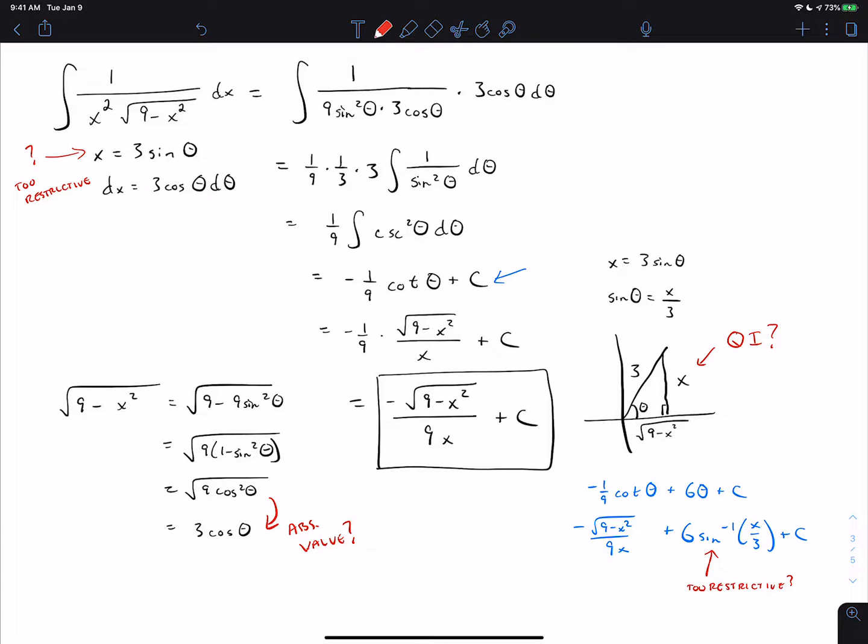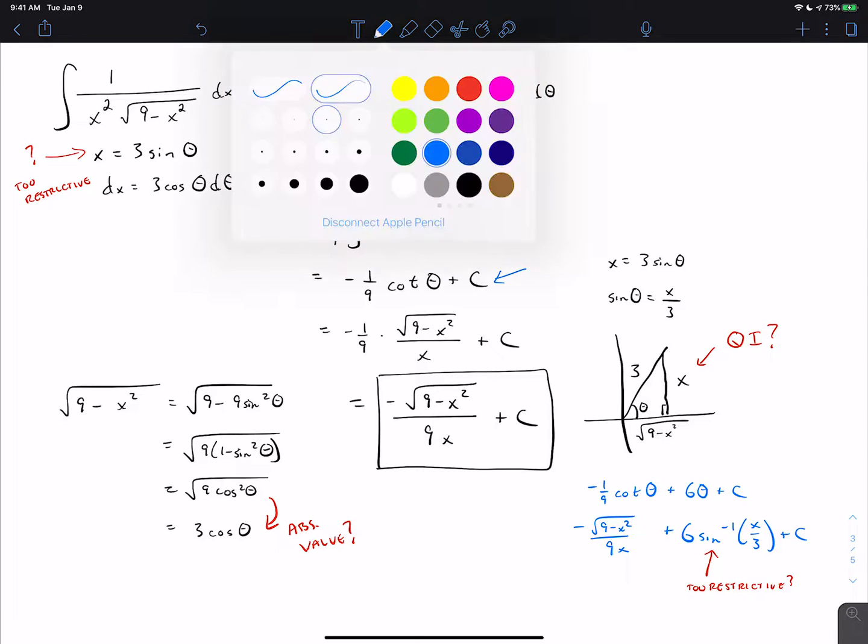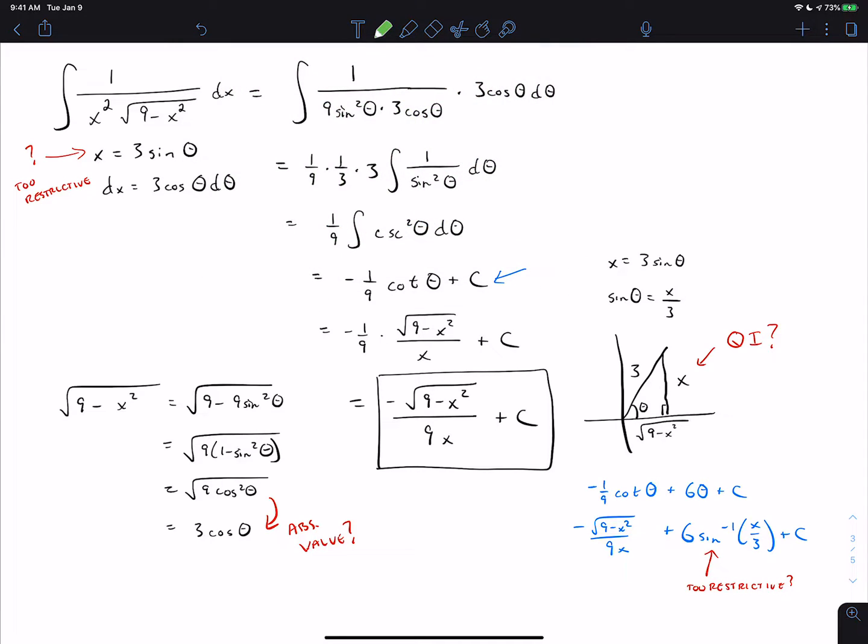If you back up and look at the problem, pretty much that's everything that is new as part of this. So we need to justify what we're doing. We're not going to go through in detail on secant or tangent, but similar justifications can be made for those. One thing that we've not stated until now is that when we're doing the trig substitution with sine, we're making the assumption that theta is between negative pi over 2 and pi over 2.